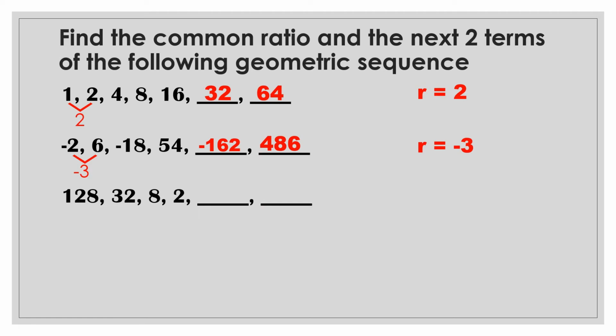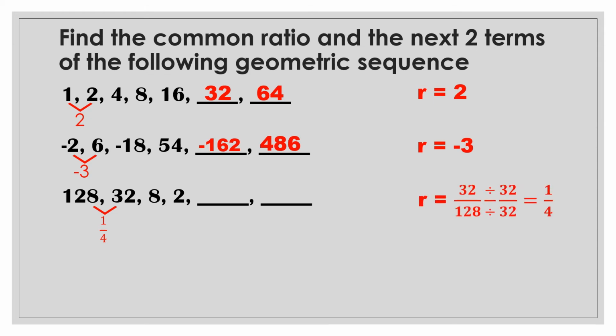Let's have another one: 128, 32, 8, and 2. Since the terms of this geometric sequence are descending, your common ratio will be a proper fraction. Let's see. 32 divided by 128 is 1/4. How do we get 1/4?